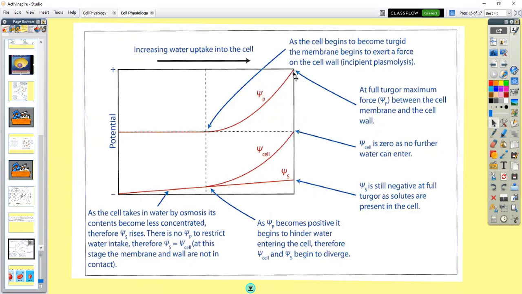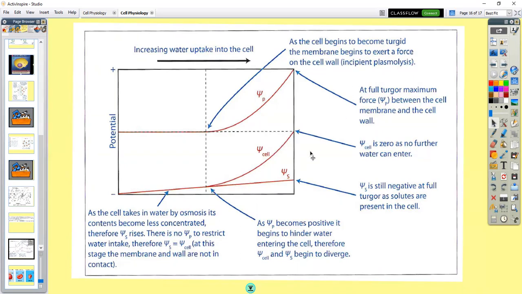Okay, as the pressure potential decreases, you can see that the water potential decreases as well. When psi p, the pressure potential, equals 0, that's when your psi cell is pretty low, pretty negative. When psi p is 0, we call that incipient plasmolysis. That's when the cell membrane is just about to pull away from the cell wall and enter plasmolysis.